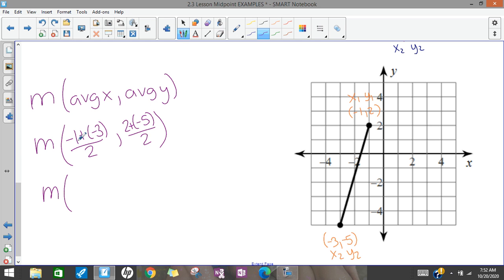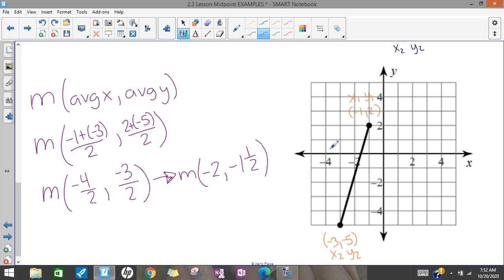So for my x, I get -4 over 2. For my y, I get -3 over 2. And then we're going to simplify that. -4 over 2 is the same as -2. And -3 over 2 is the same as -1 and a half. If you put that in your calculator, you would get -1.5, and so you can write it as that, or you can write it as -1 and a half.